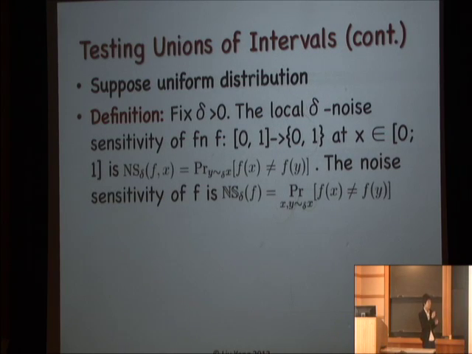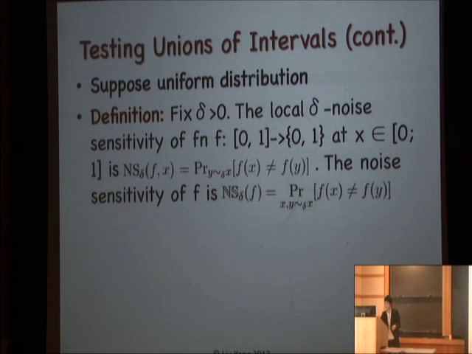You pick x uniformly on the real line between 0 and 1. What does y near delta of x mean? That y is just within distance delta of x.